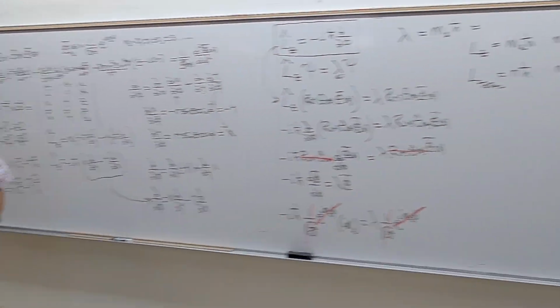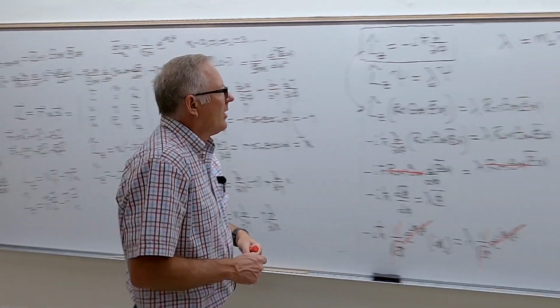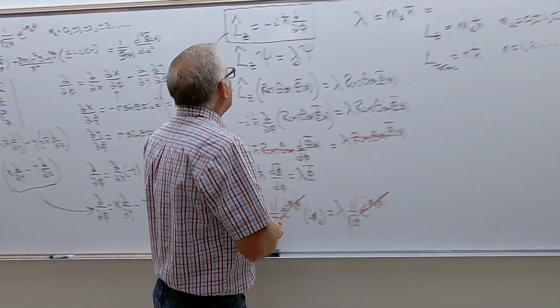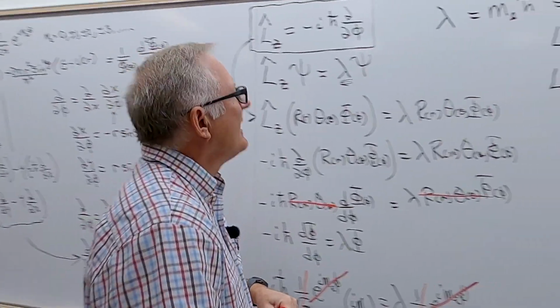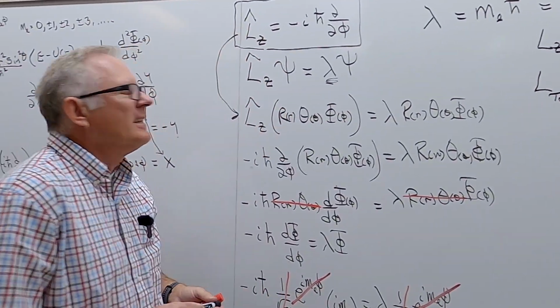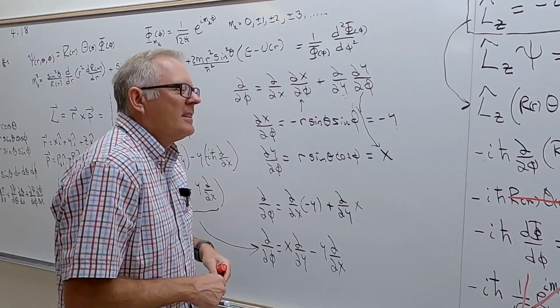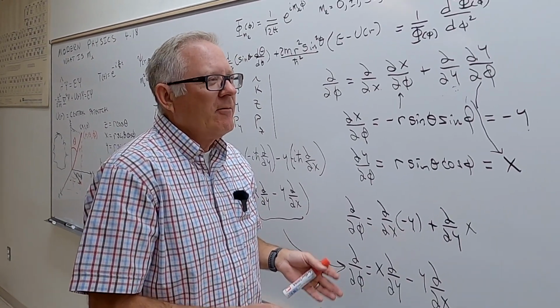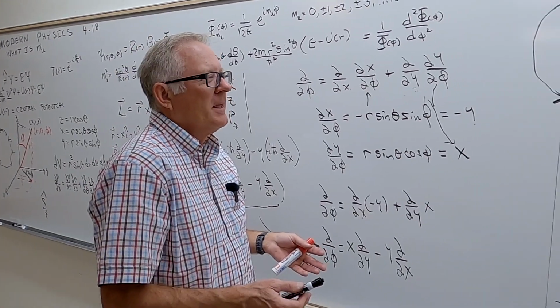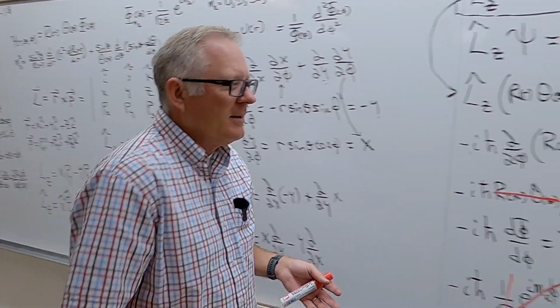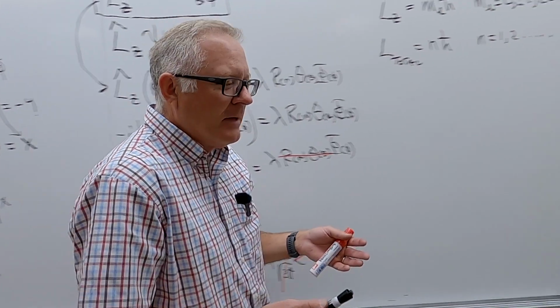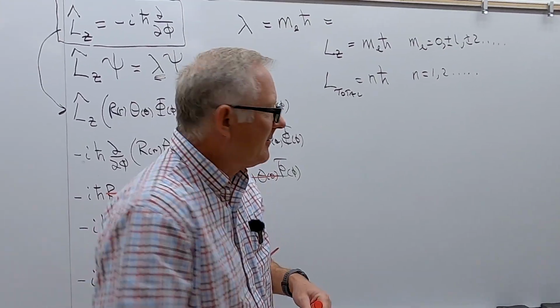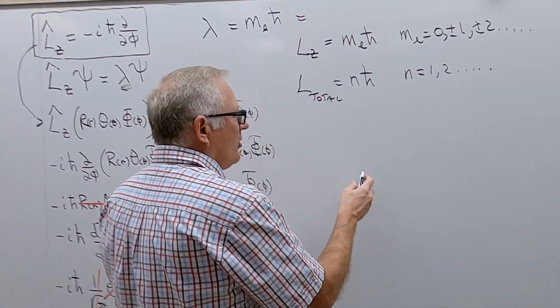So we've got the z component of angular momentum. Now if we were to go back and look at the Lx and Ly, they would not work out as simply as this. We're never going to be able to know exactly what the angular momentum vector is.